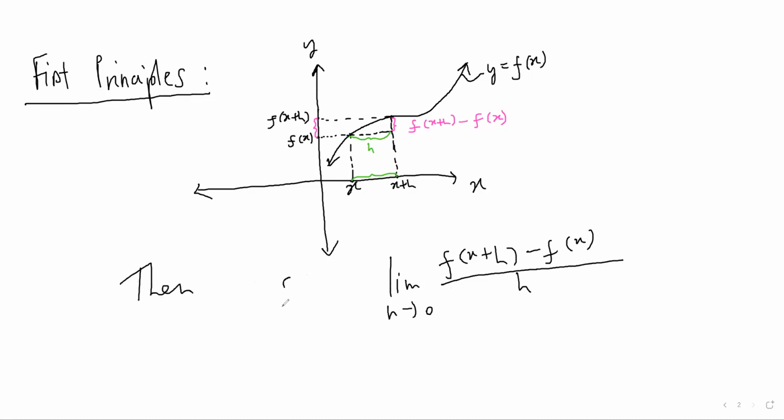We say f prime x, which denotes the derivative of function f with respect to x, is given by the limit of this gradient, which is f of x plus h minus f of x over h, as h approaches 0. That is the definition of a derivative of a function.